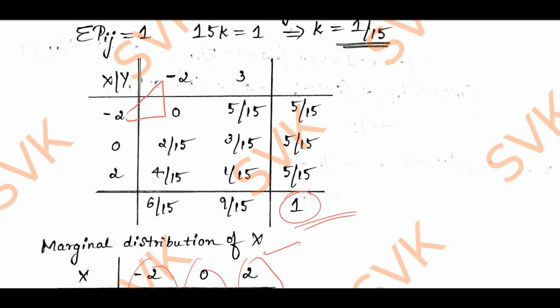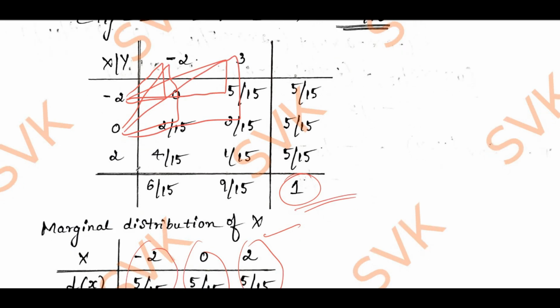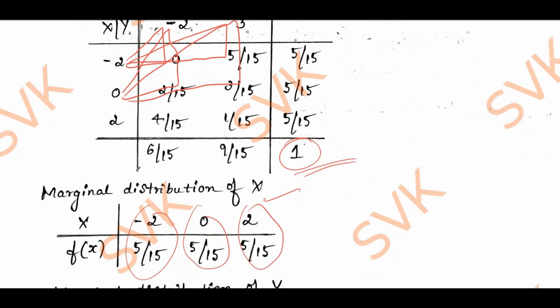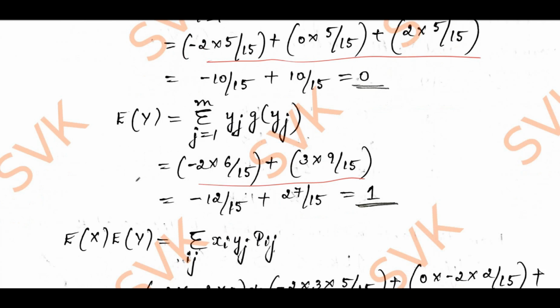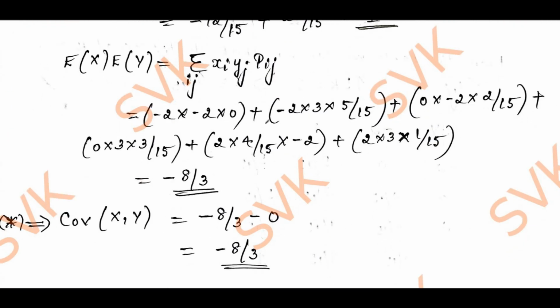Similarly, minus 2 into 3 into 5 by 15. Similarly, 0 into 2 minus 2 into 2 by 15, 0 into 3 into 3 by 15. Like that, the last column also: consider the last values, 2 into minus 2 into 4 by 15 plus 2 into 3 into 1 by 15. That is what we have done for finding expectation of xy.